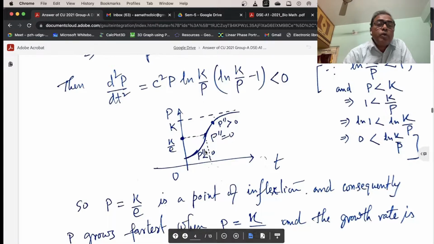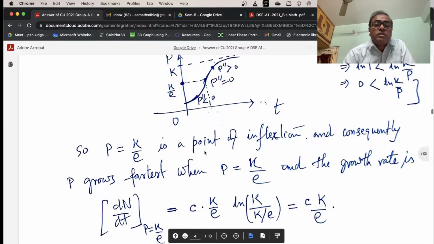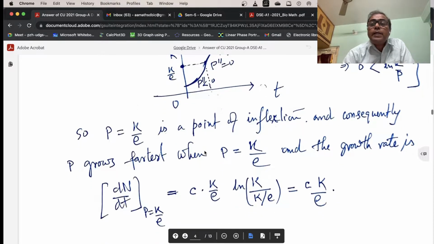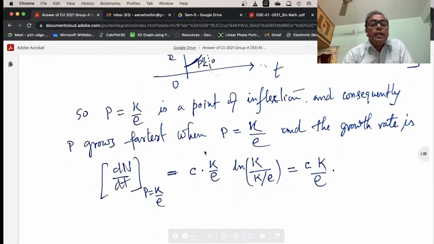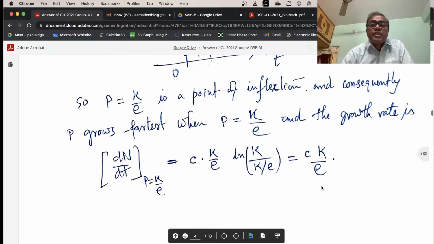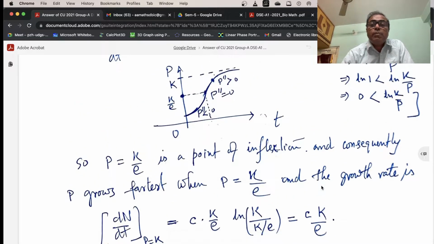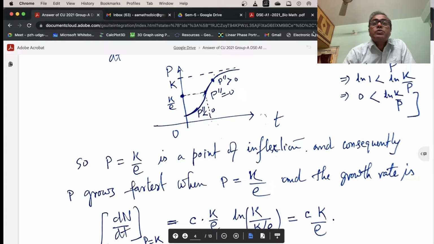Consequently, p grows fastest when p equal to k by e, and the growth rate dp dt at the point p equal to k by e is the fastest growth rate. So this is the point of inflection. P grows fastest when p equal to k by e. Next question.